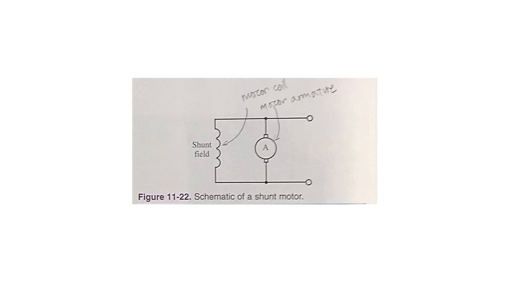When a load is applied and the armature decreases in speed, the counter EMF also decreases. The decreased counter EMF increases the armature current and the torque. When the torque matches the load, the motor remains at constant speed.